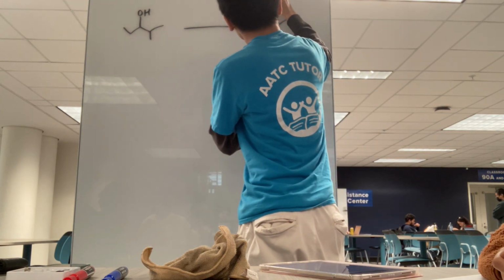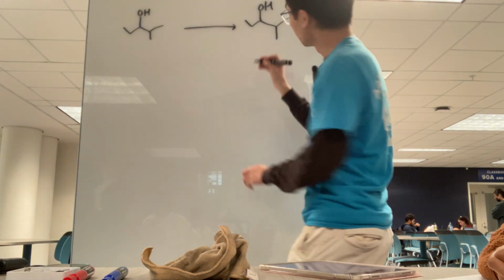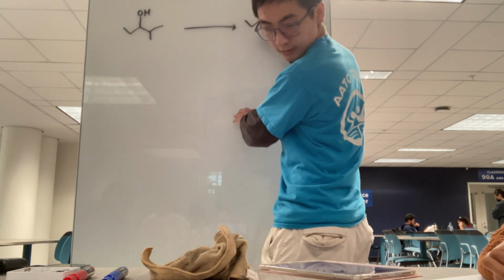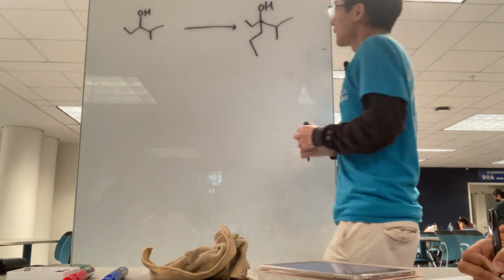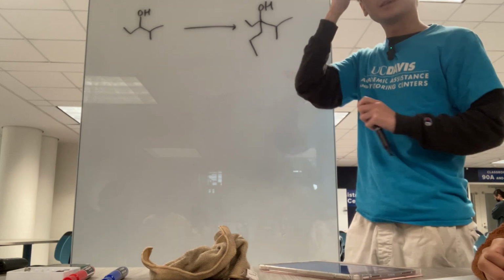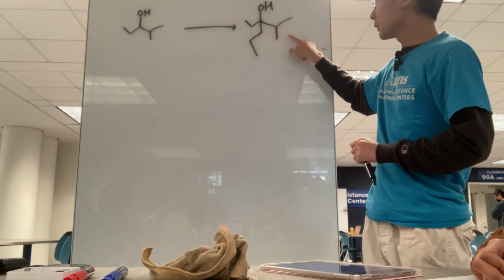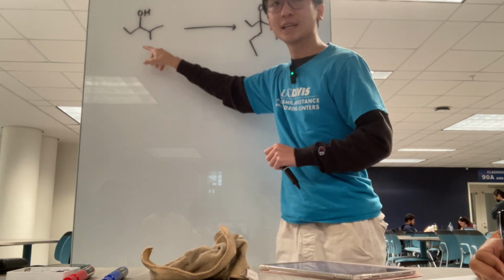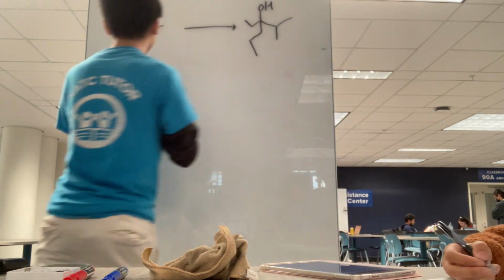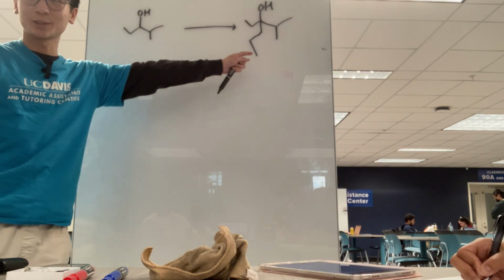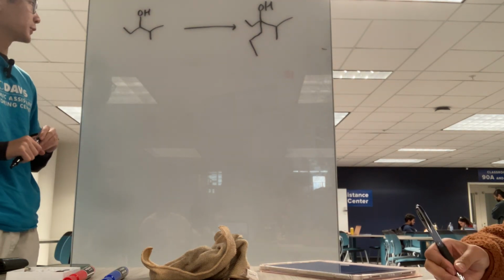Synthesis type problems give you the reactant molecule and the product molecule, and the question is asking what kind of reactions you could do to transform this reactant molecule into this product molecule. There's different strategies to go about this.